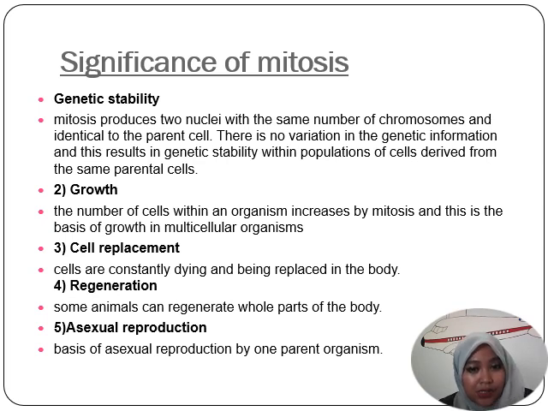Cell regeneration: for example, the starfish will regenerate the whole body when its arms have been cut. Asexual reproduction: for certain animals and plants, this method is very useful because through mitosis they form a new organism.